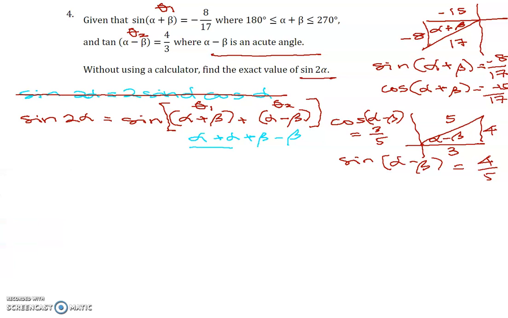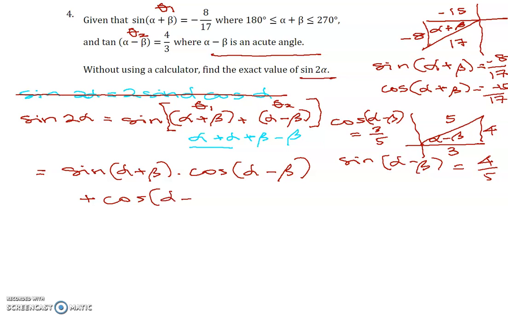Therefore, the correct formula to use is sine of alpha plus beta times cos of alpha minus beta, plus cos of alpha plus beta times sine of alpha minus beta.